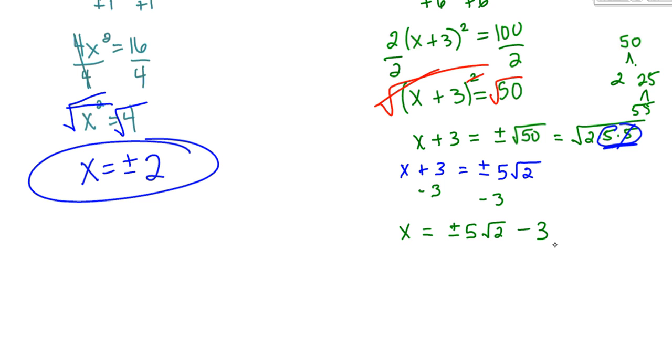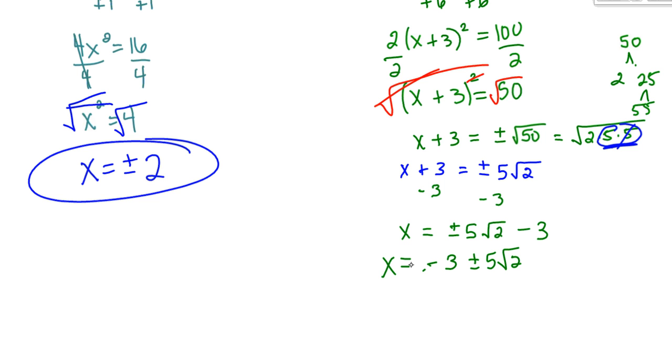Now that can be misleading sometimes because it's like, okay, is it 5 square root of 2 minus 3 and then plus or minus? I've got a 5 and a square root of 2. Can I even add those together with the 3? You can't, if you remember radicals. So to make it very clear that it was the 5 square root of 2 that was plus or minus, we're actually going to put that minus 3 out in front. It just makes it clear as to what the answers are.